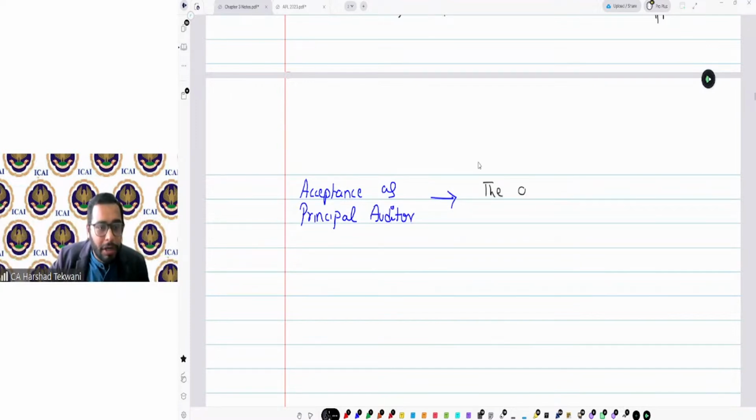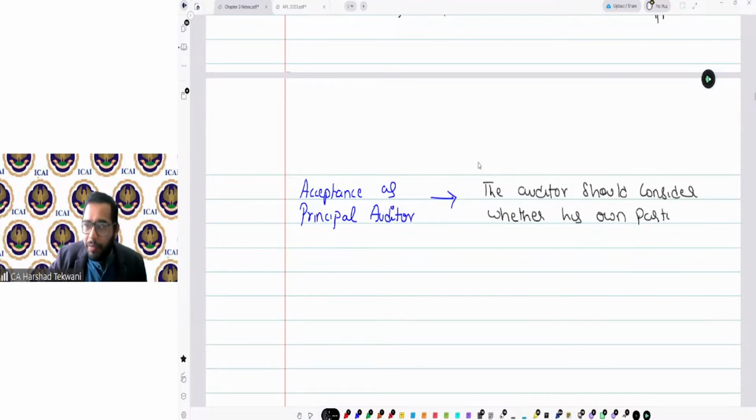So the auditor should consider whether his own participation is sufficient to be able to act as principal auditor.